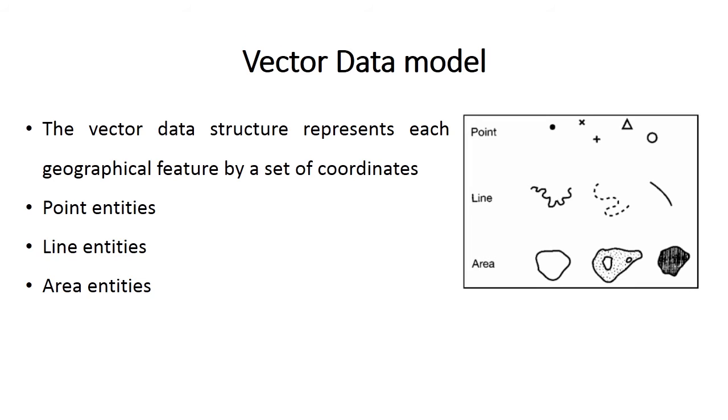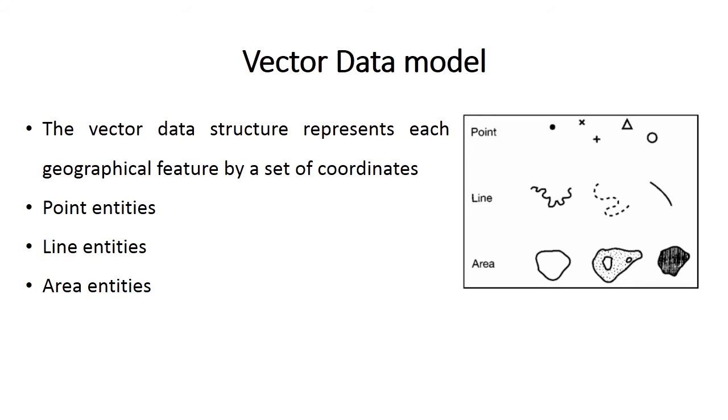Thus, for example, a point feature such as a city may have associated with it such items of information as its total population, number of houses, number of schools and so on.